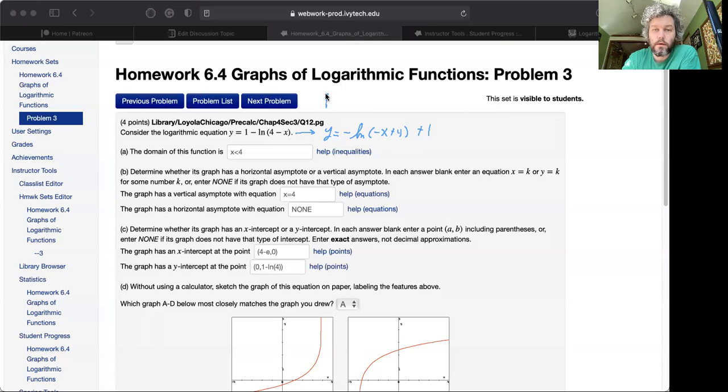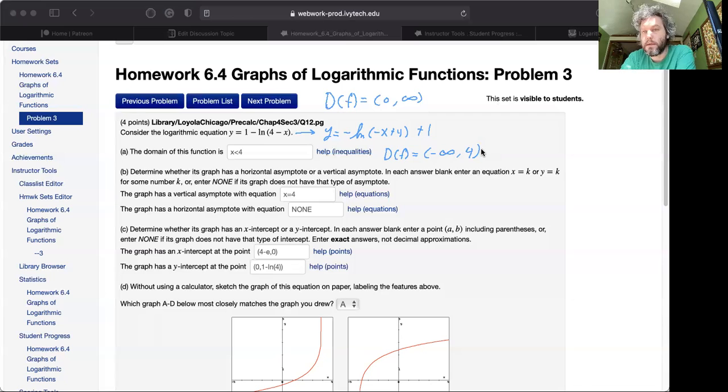Normally, the domain of a logarithm function is from 0 to infinity. But because of this shift and reflection, it changes the domain. So now the domain of the function is negative infinity to positive 4, non-inclusive.